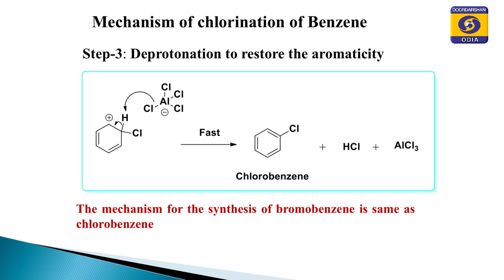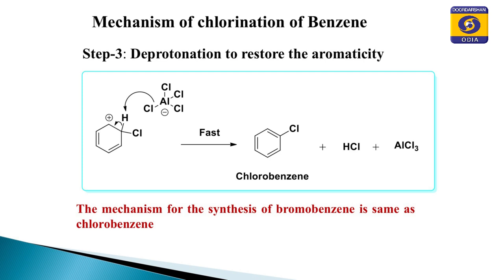Like aromatic electrophilic substitution, the first step is the activation of the electrophile by the Lewis acid. Considering the example of chlorination, chlorine when it comes in contact with the Lewis acid, aluminum chloride, produces the electrophile.